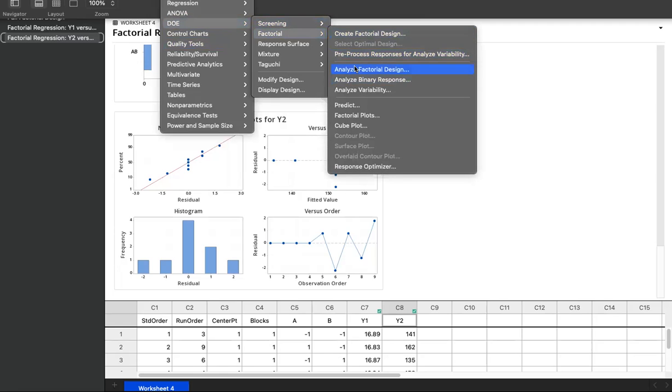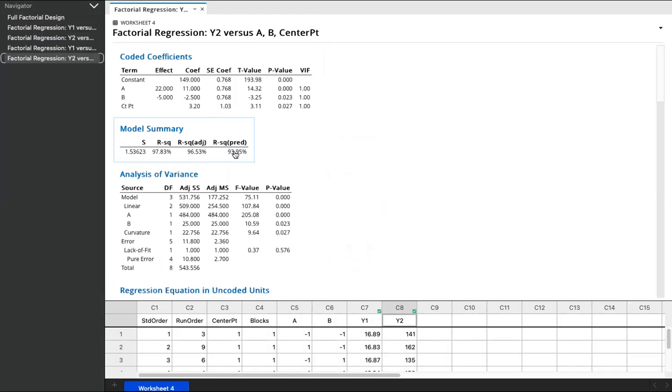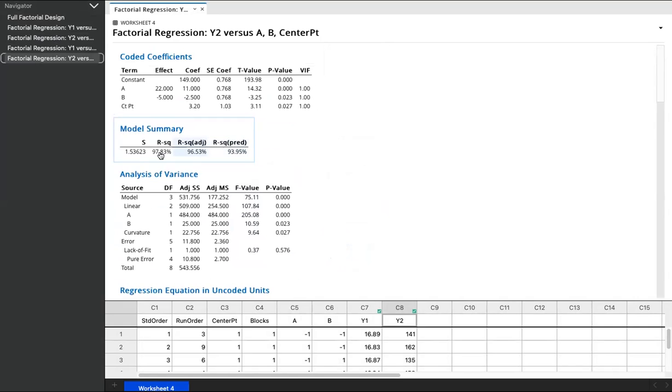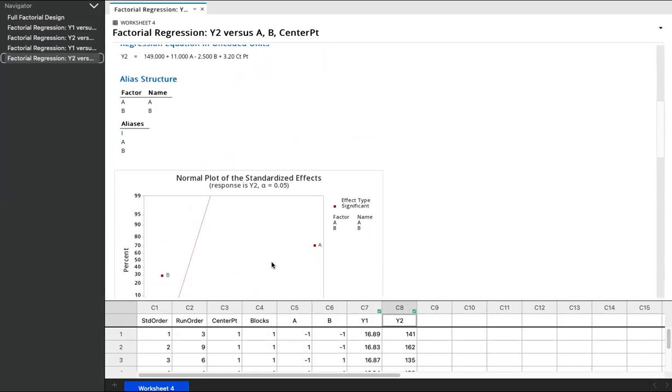So we are going to analyze factorial design again, and on terms we're going to remove AB. So okay, let's see. Okay, now we have a value on R squared of 97.83. We see our values. They look well.